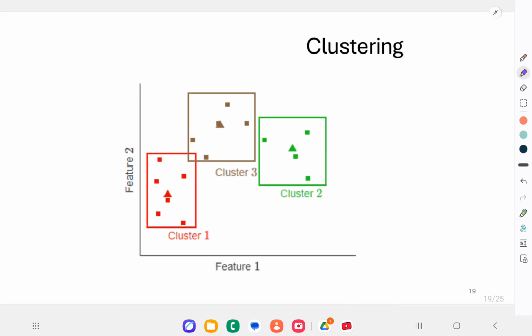We also talked about another form of unsupervised learning, which is clustering. The outcome of clustering algorithms is these groups, which we call clusters. The items within a cluster are more similar to each other, and the items in different clusters are as dissimilar as possible.